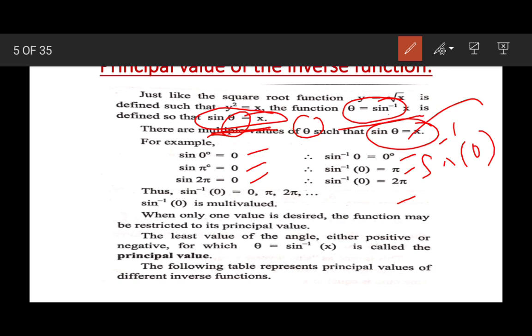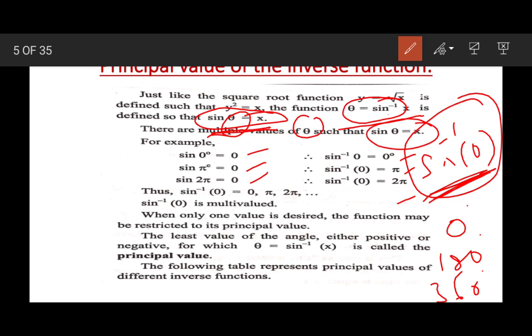So if it is given as sine inverse 0, then we don't know which angle will be the right answer. It may be 0 degree, it may be 180 degree, it may be 360 degree.